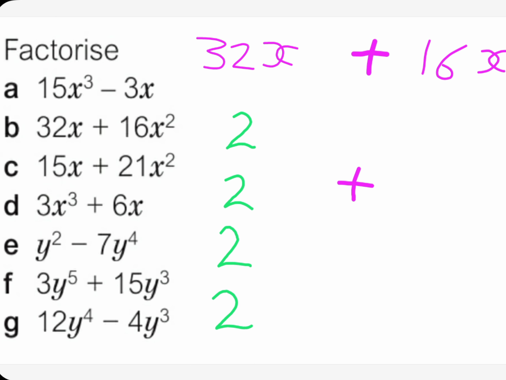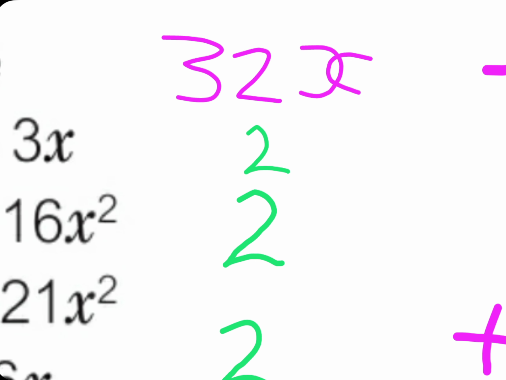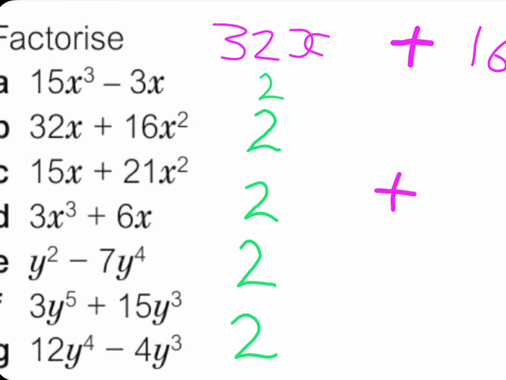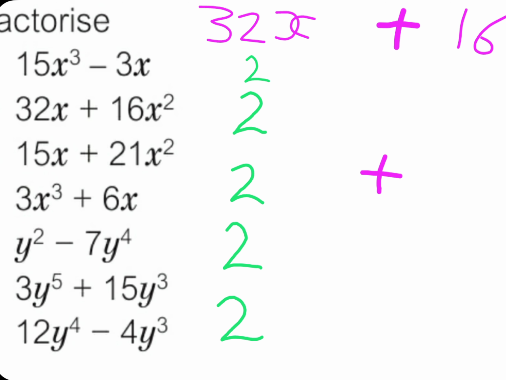So 32 is multiplying five 2's together. 2 times 2 is 4, and then 4 times 2 is 8, and then 8 times 2 is 16, and 16 times 2 is 32. So when you divide them, you get five 2's.